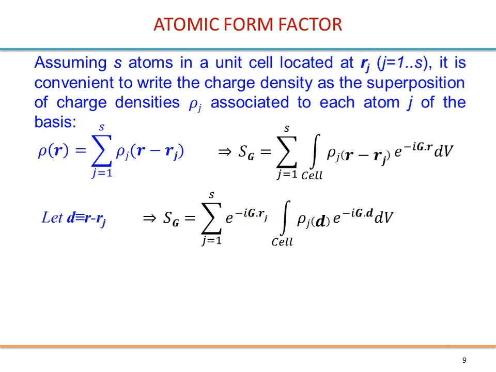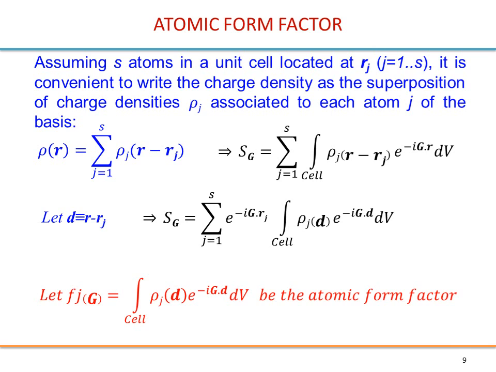Okay, so this is what we get. So we define the atomic form factor as this integral, so this one, in fact, this component, so the sum over the cell of this. So it is a contribution of one atom j.